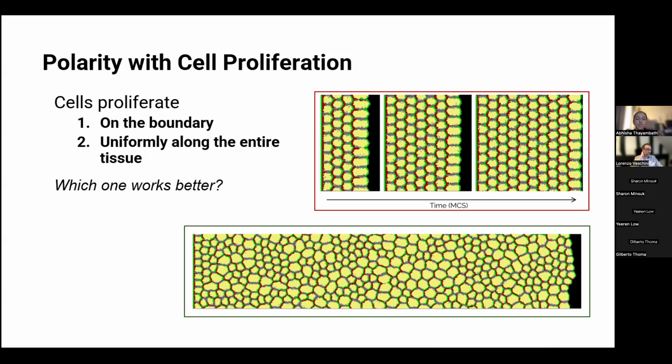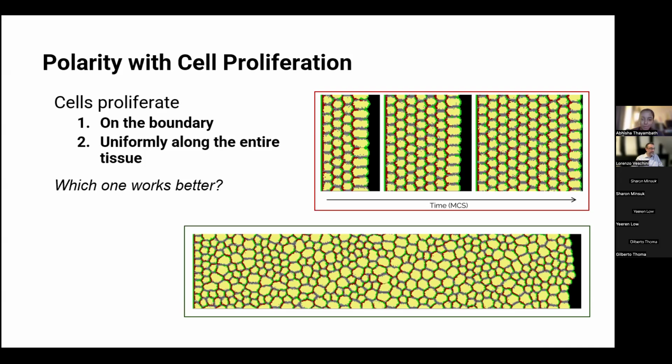Which one do you think would work better? Anyone? Erin, Sharon? The second one? Yeah, the second one works.